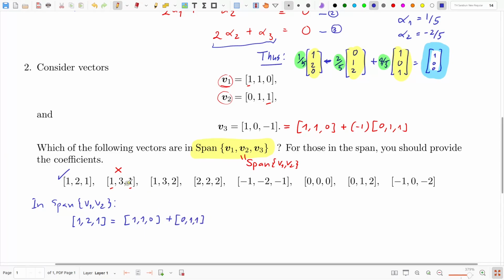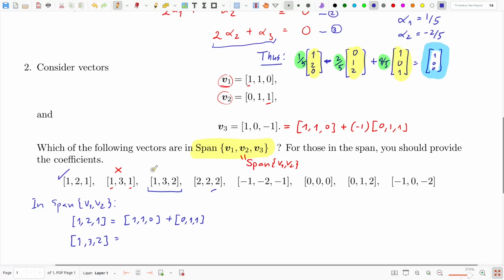This one is not, so you can just skip. 1, 3, 2, is it in the span? Yes, right? So you write 1, 3, 2 is in the span because of such and such. Is this in the span? No, this is not. So this is in the span, this is not. I think this is it.